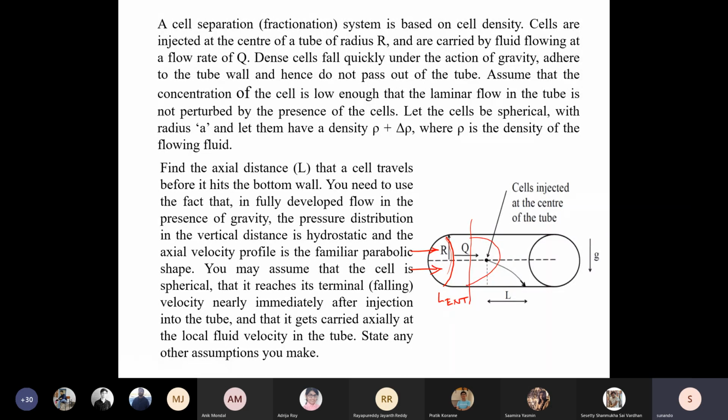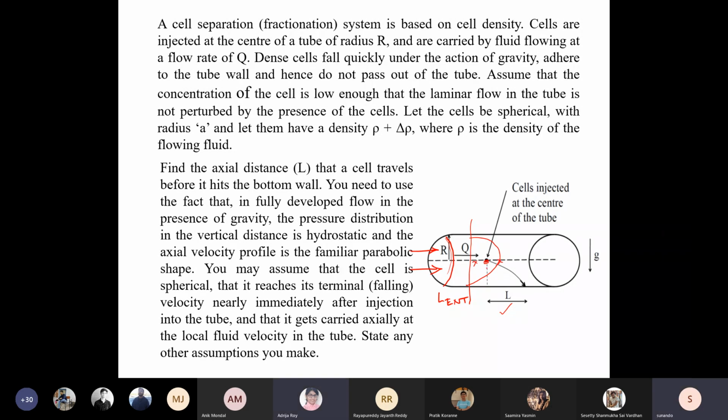You can inject the cell at any point beyond this distance. I'm injecting the cell over here, and I am going to calculate what this L is going to be. Depending on how much remaining length I have, I can choose to have the cells injected at any axial point in between.